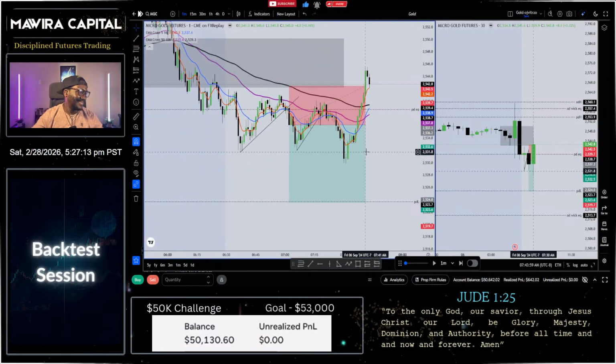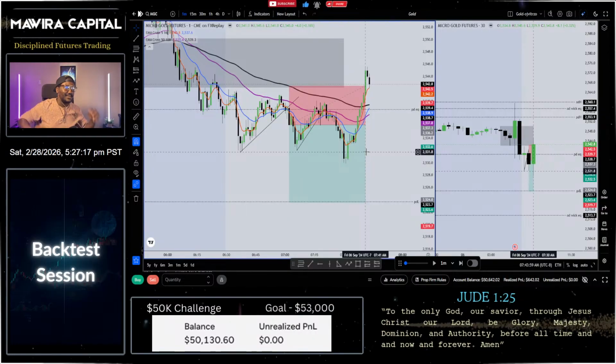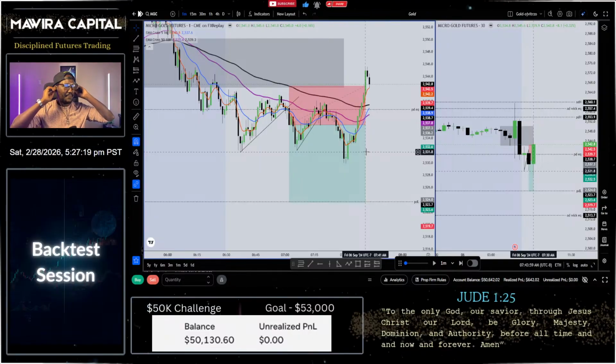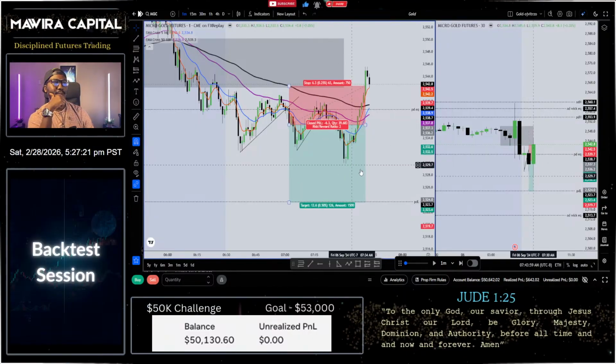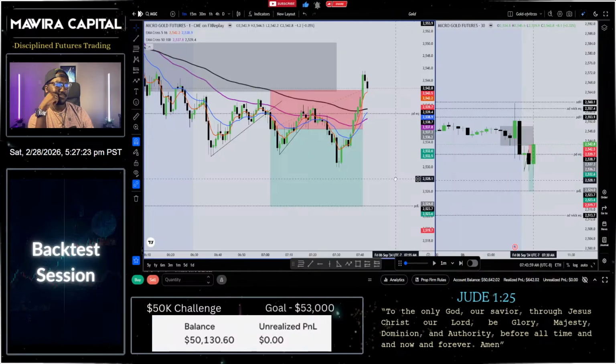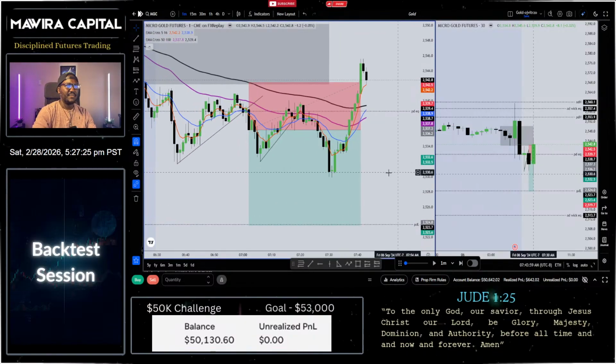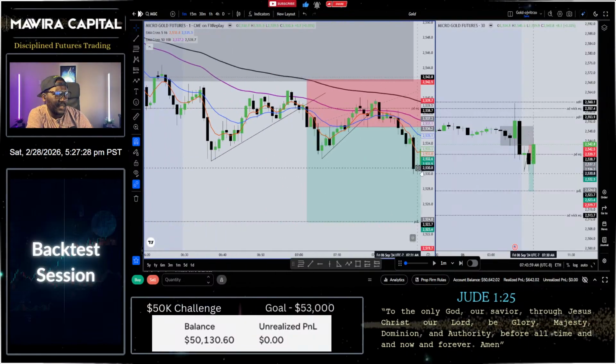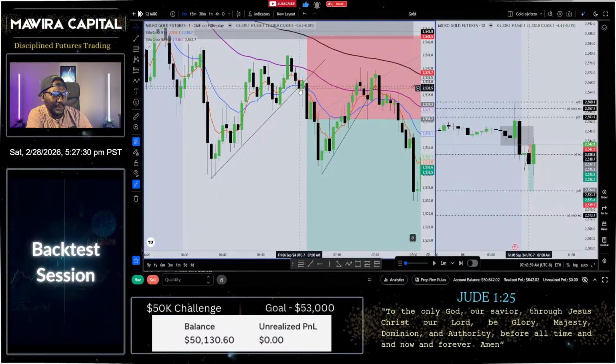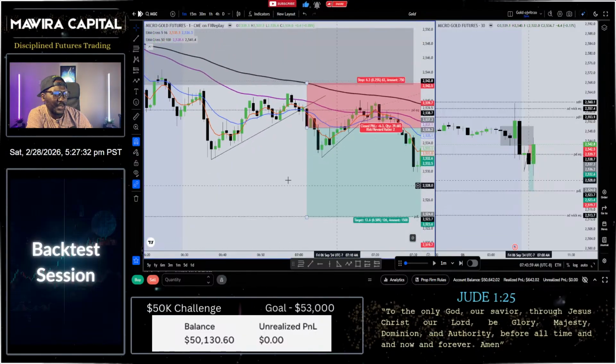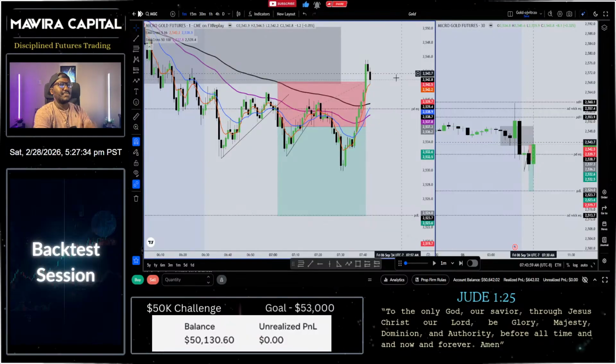So pretty much taking too many losses today. That was the last setup. I don't think I want to take another one. But honestly, that was good. That should have won. I'm curious because this right here was a break. We did close right below that trend line. Let's say I was just reckless.